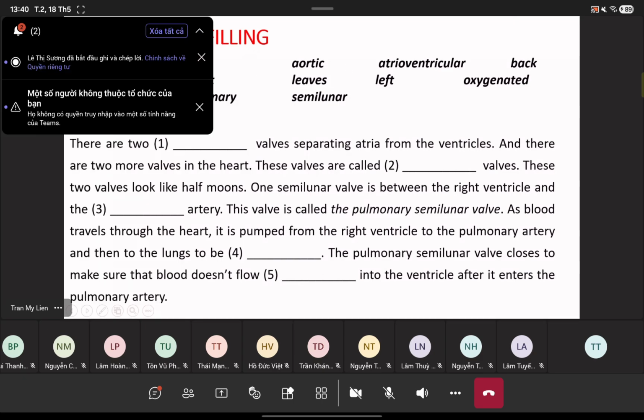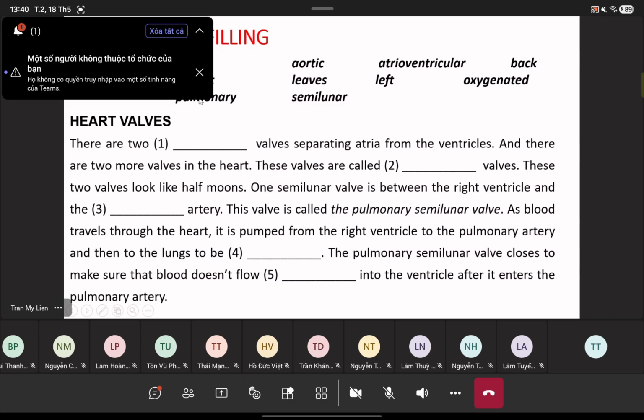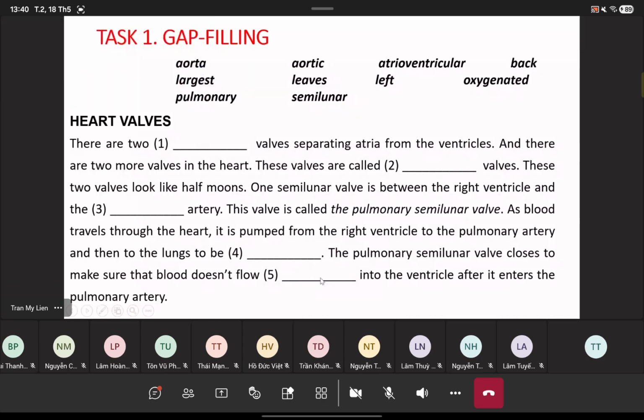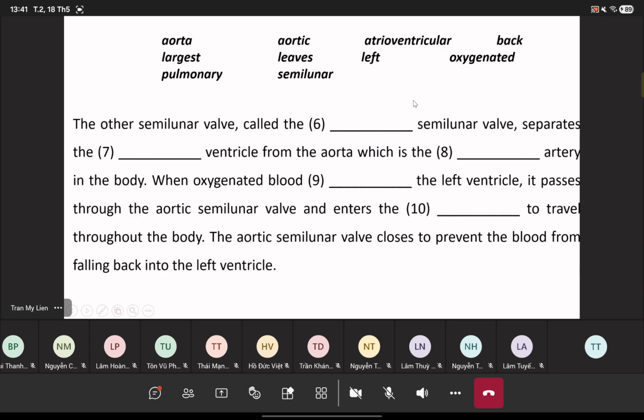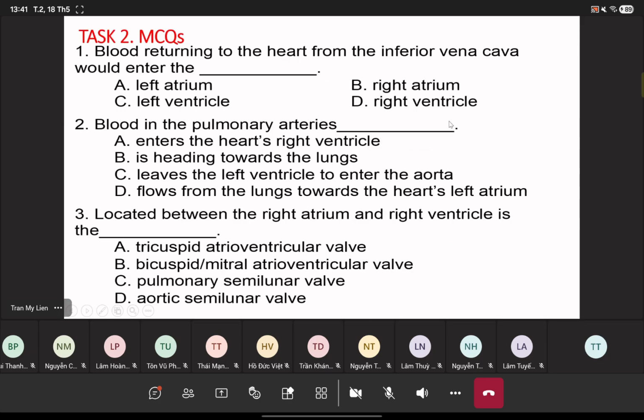Use the words in the box to fill in the blanks. Task 2.